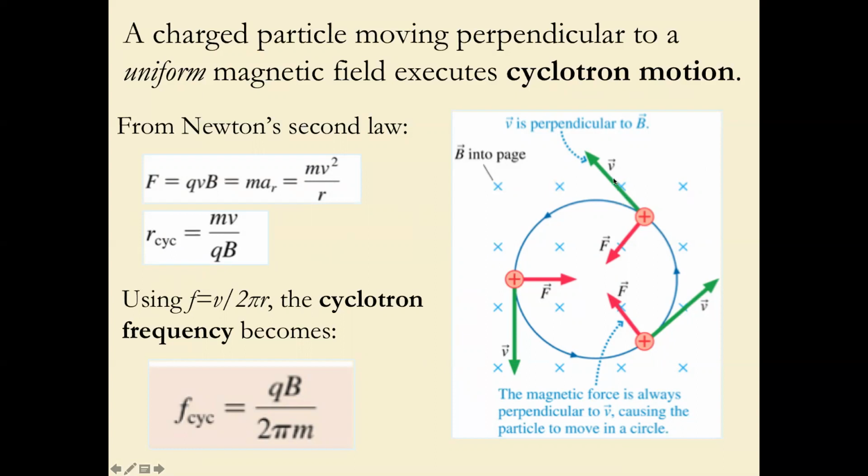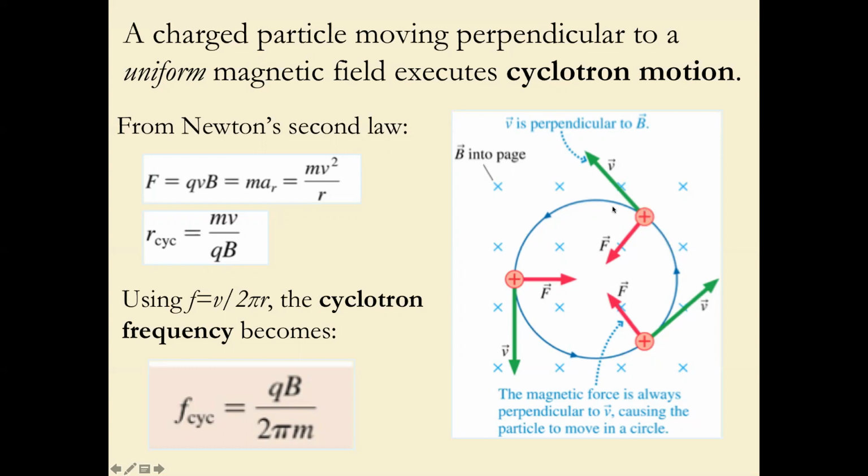And you bring a moving charge in this magnetic field, and this moving charge is perpendicular to the magnetic field. So in this case, it will undergo a cyclotron motion, which means that it will make a circular motion.